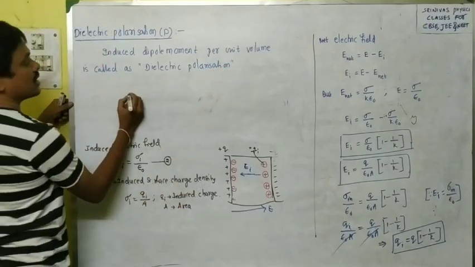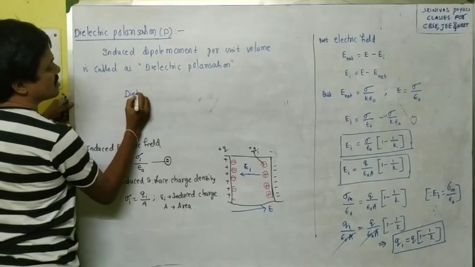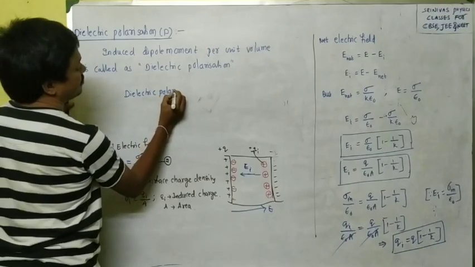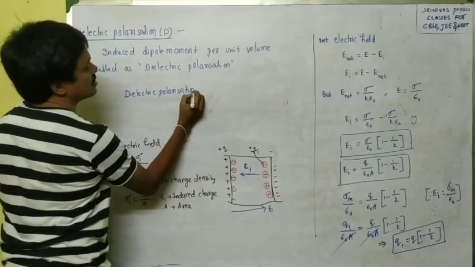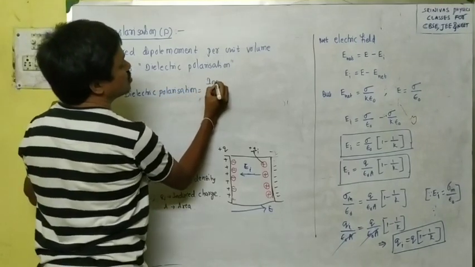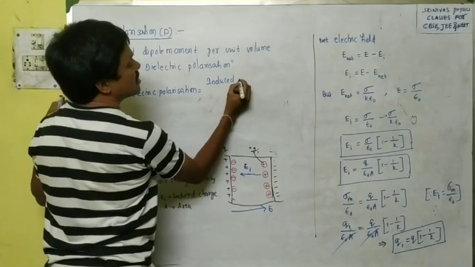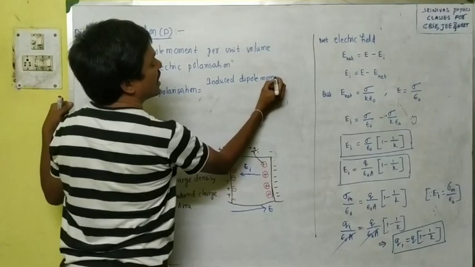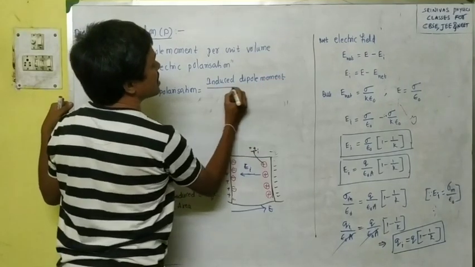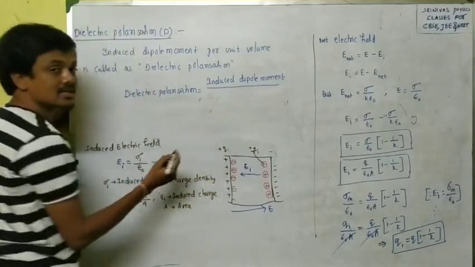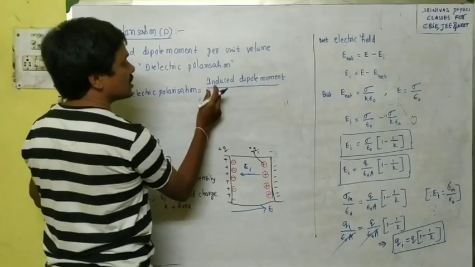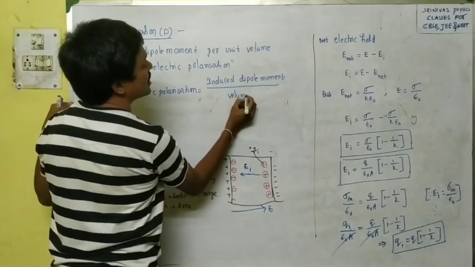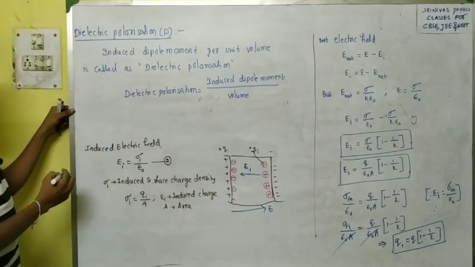Okay, the dielectric polarization formula is: dielectric polarization is equal to induced dipole moment by volume. When a dielectric is placed in the external electric field, some dipole moment is induced, that is induced dipole moment by volume, that is called dielectric polarization.